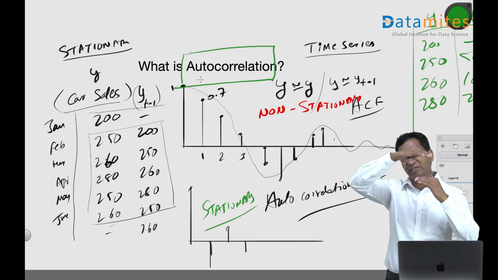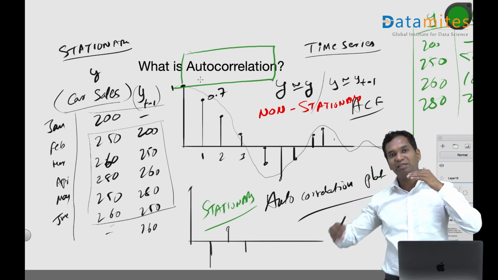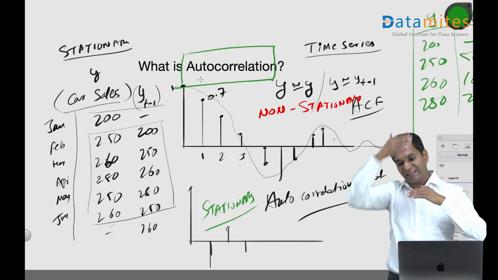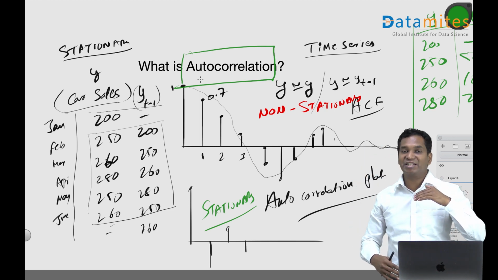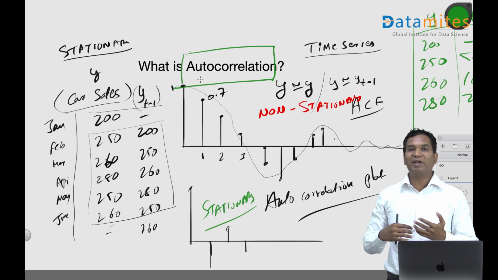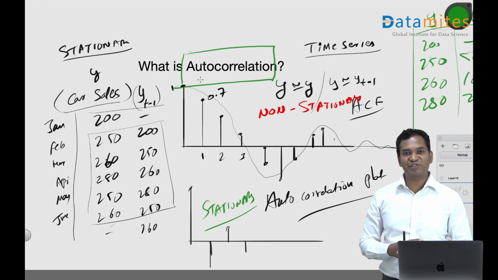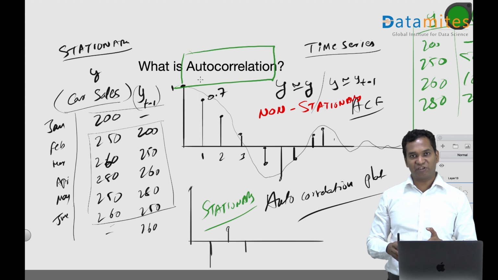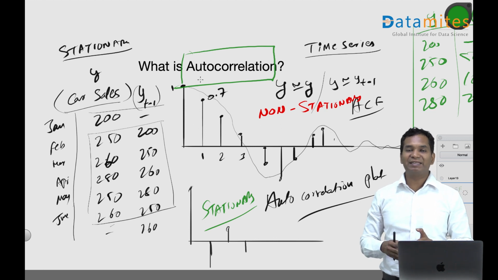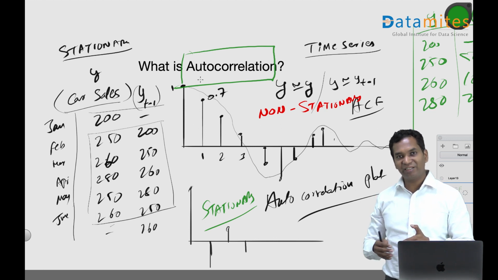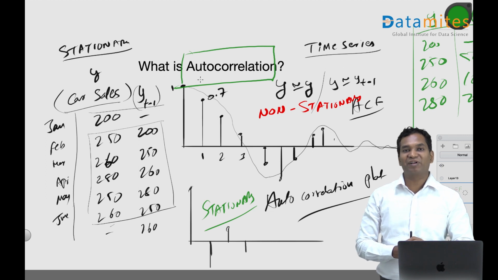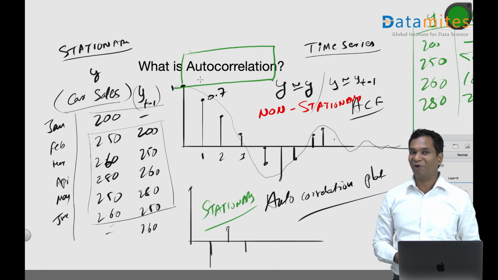If the graph decays gradually, then it is not stationary. If it decays instantly, quickly, then it is stationary. And we are worried about stationary or not stationary because for time series forecasting, we need the data to be stationary. And to make non-stationary data stationary, we can use the differencing technique. Okay, that's a quick summary.